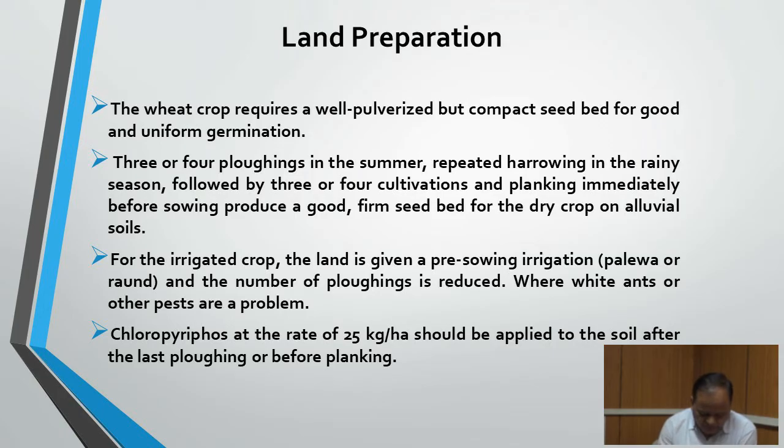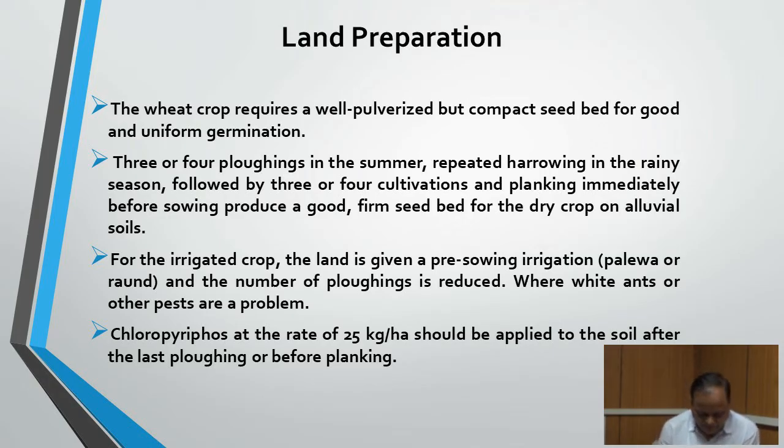For the irrigated crops, the land is given a pre-sowing irrigation. Pre-sowing irrigation means the irrigation given before sowing for the preparation of the land.